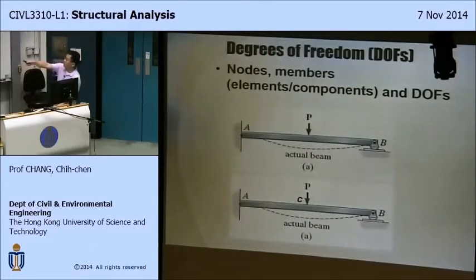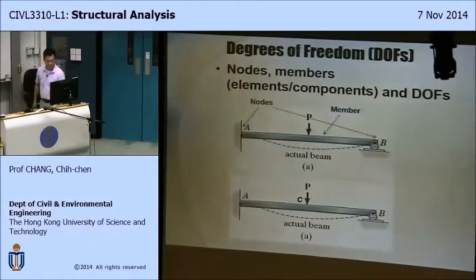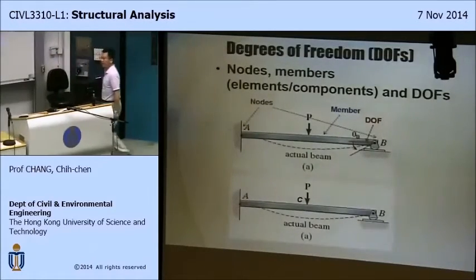All right, so nodes and elements or members are kind of artificially defined. But once you define them, then you can define degrees of freedom. Degrees of freedom include two types. One is displacement. The other is rotation angle. So if you define this as one member, you can see that node A is a clamped end.